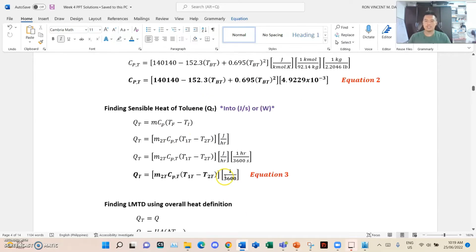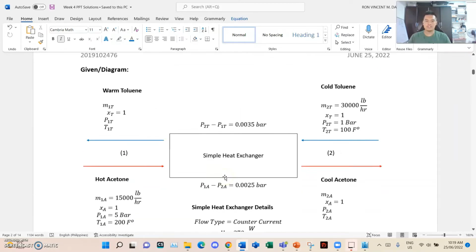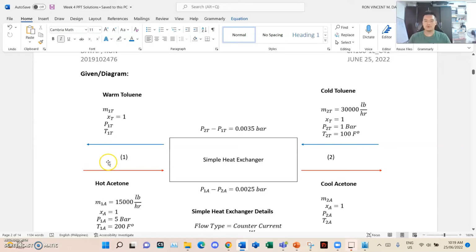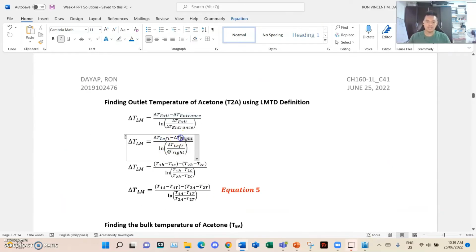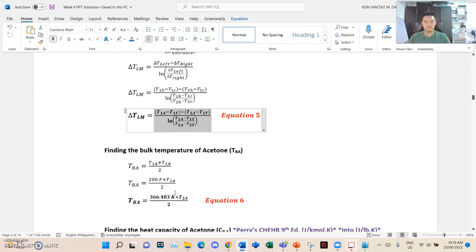But for countercurrent case, instead of exit and entrance, since both exit and entered at each side, we'll say that left and right. So that's why we have here left minus right, ln over left and right. So substituting the variables based on the diagram, and we would have this equation.